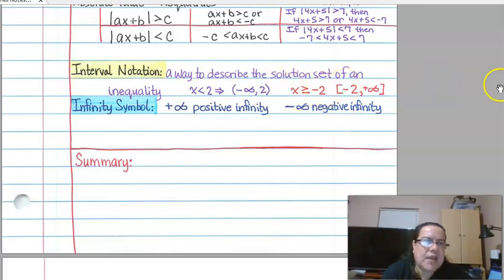Well, they go to the right, and to the right is always +infinity. So you write it like this, -2, comma, +infinity. That is called interval notation. And your infinity symbol is just that little sideways 8. To show positive infinity, you put a plus infinity symbol, and to show negative infinity, you go with the negative and that symbol.